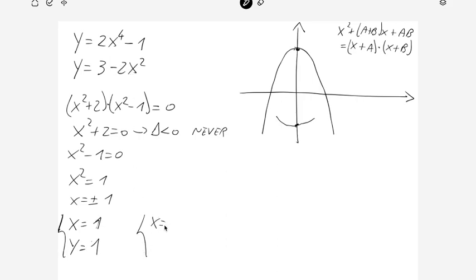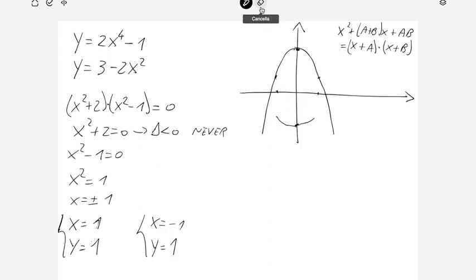And x equal to minus 1 is the same, so y is equal to 3 minus 2 times minus 1 squared, so times 1, 3 minus 2 is 1. Okay, so minus 1 has to be here because the two functions are positive, here and here.